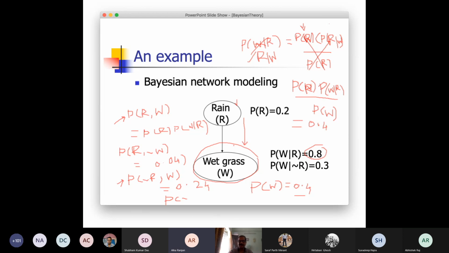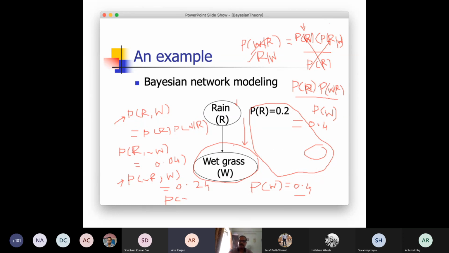With this kind of probabilistic observation, you can see that when you see wet grass, the probability of rain actually is lower than the probability of not having rain.